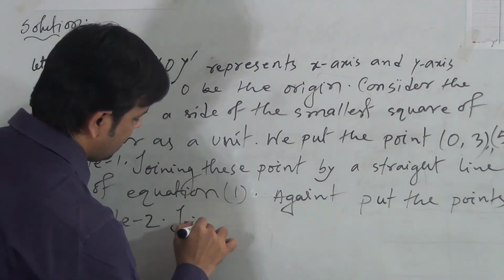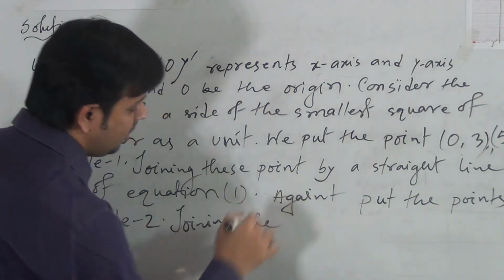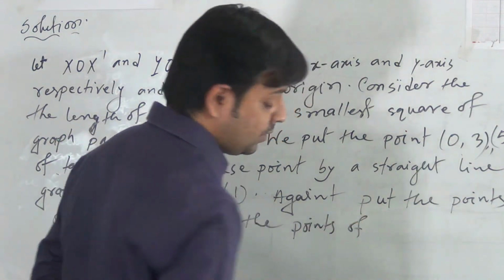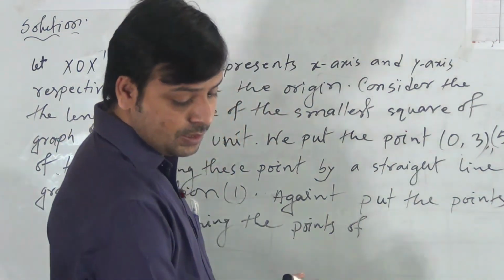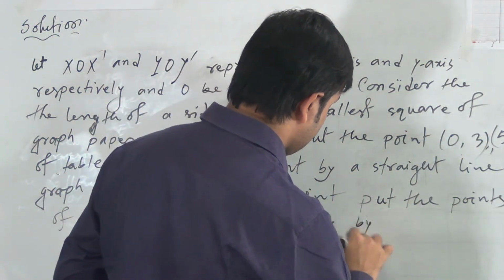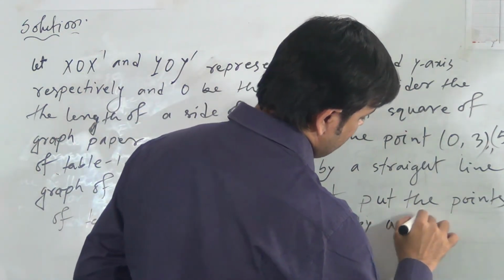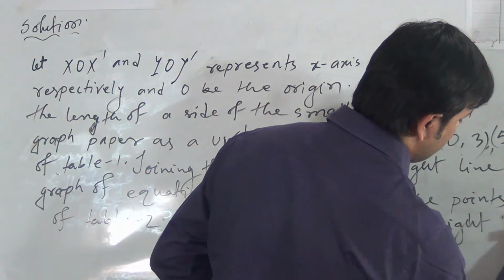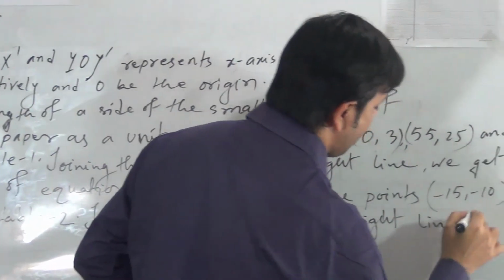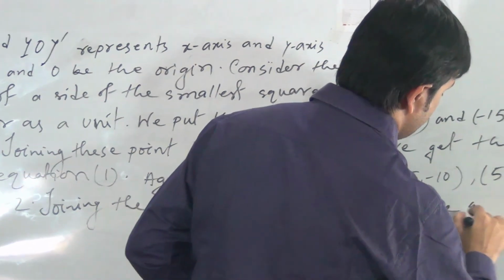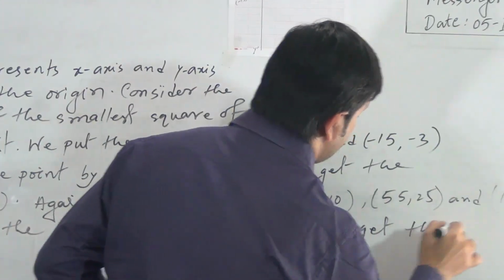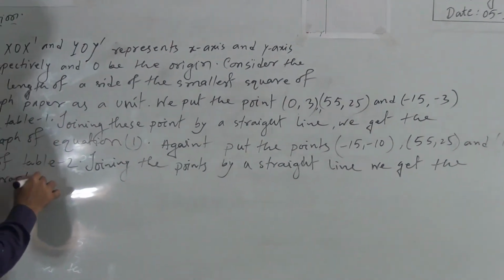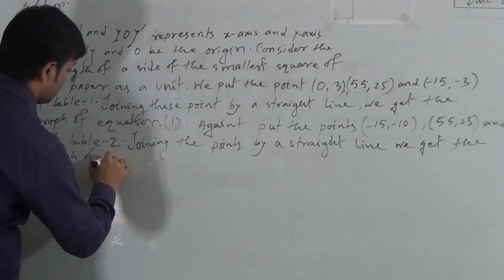Joining the points by a straight line, we get the graph of equation 2.